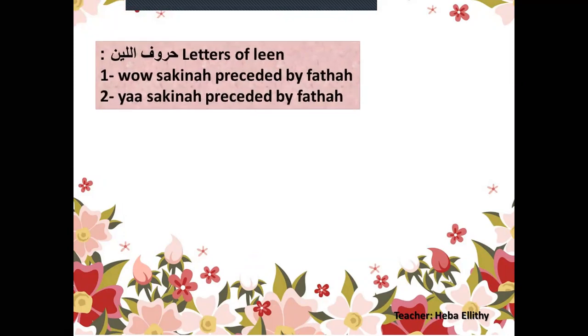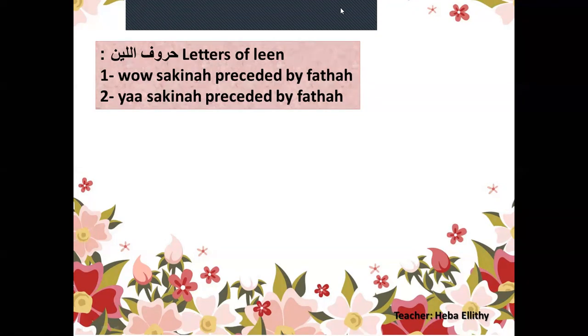I have something else called al-lin. I told you al-mad is alif preceded by fatha, or waw preceded by dhamma, or ya preceded by kasra. Okay, if I have one of these mad letters but it's preceded by another haraka, like what?